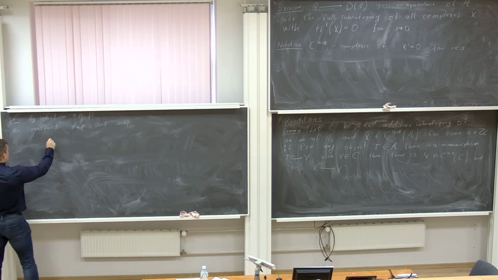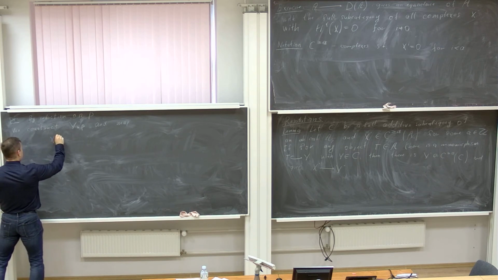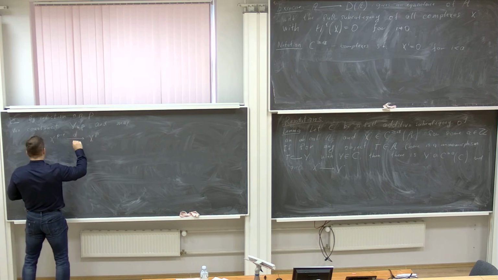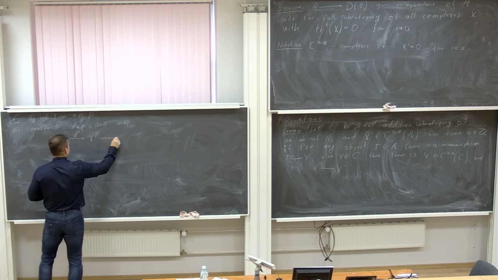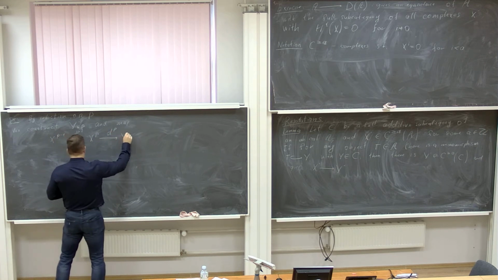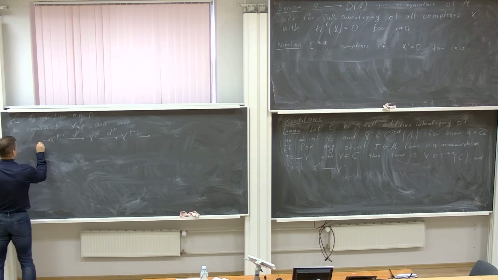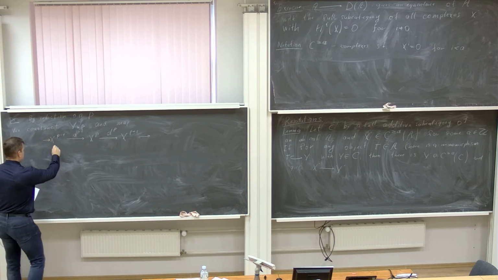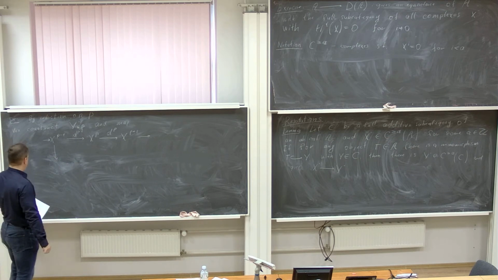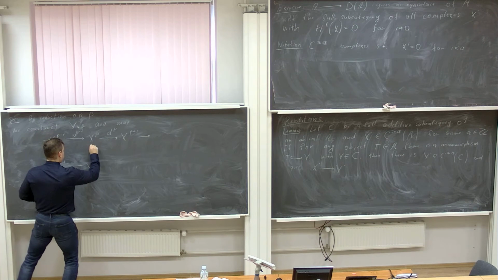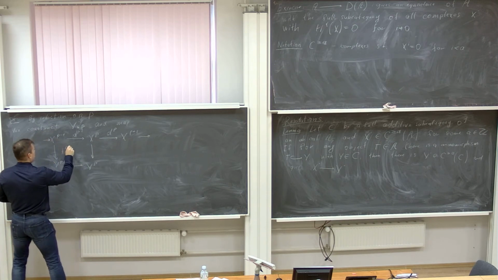So where I start with a given complex x. So this is x_{p-1}, mapped to x_p with the differential d_{p-1}. Then the next differential is d_p, x_{p+1}, etc. And now from this complex I have a map to the complex y, with y_{p-1}, y_p, and maps f_{p-1}, f_p.